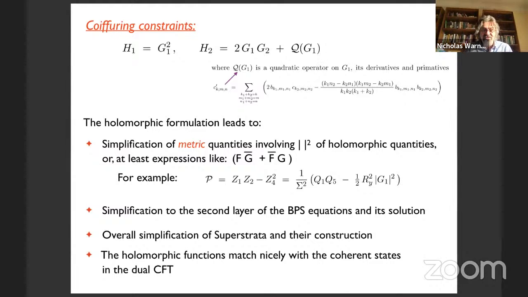Those power series are very closely related to the power series of these G's, so there's a holomorphy to the coherent states you're describing, and that holomorphy transfers directly over into the supergravity. What the role of the coiffuring is in the CFT is something mysterious to me, and probably to the CFT people, but it's a thing, and we can see it.